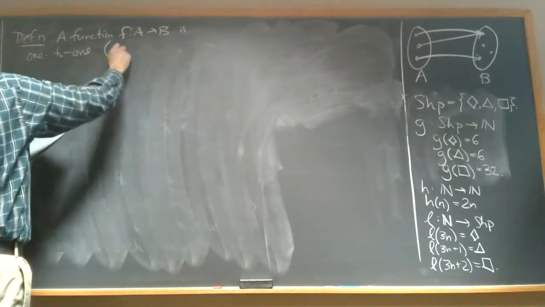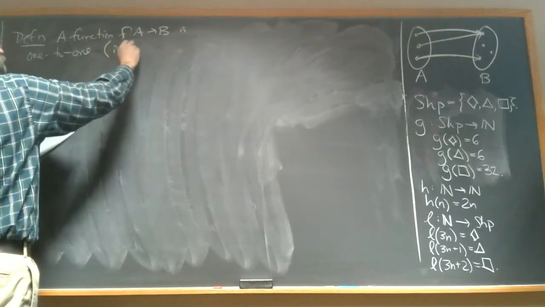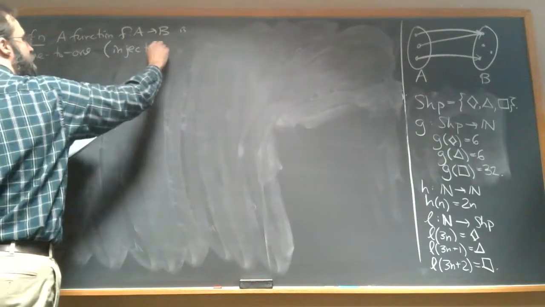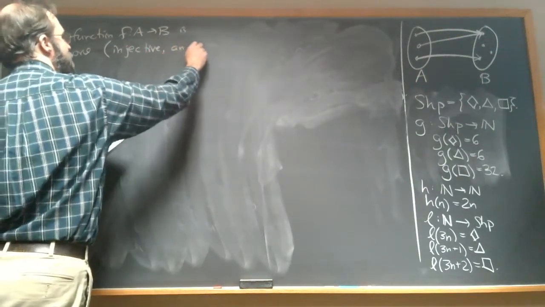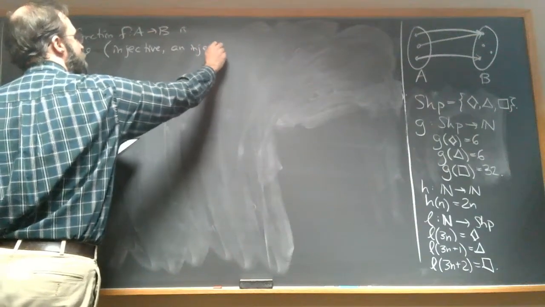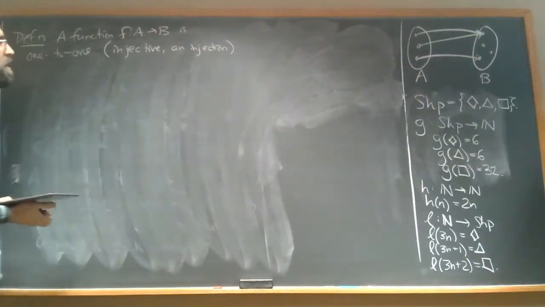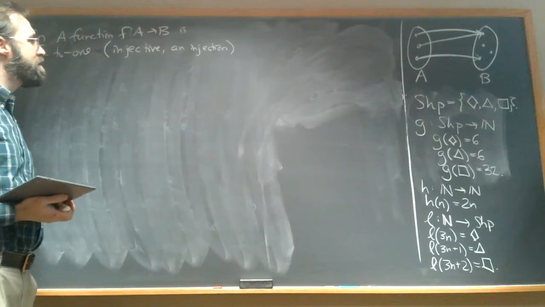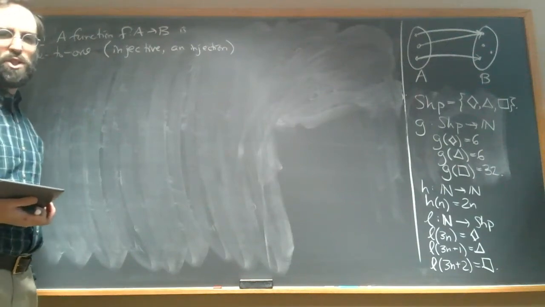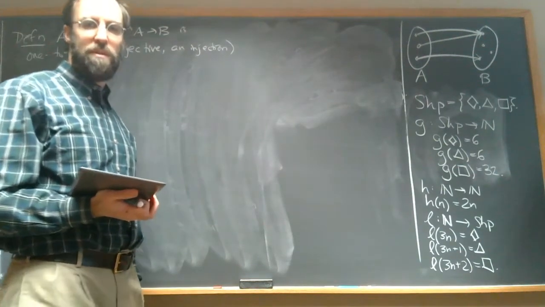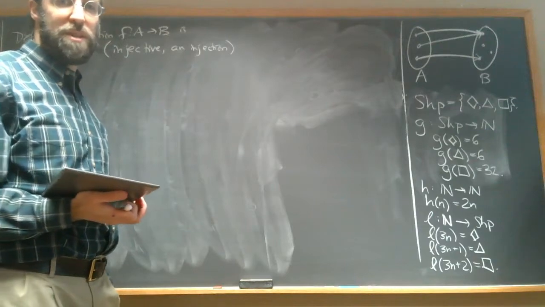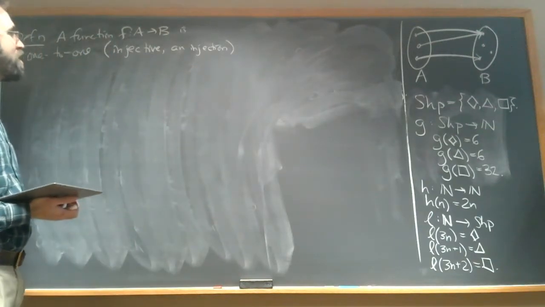We also call it injective, or an injection is the noun form. I think your book, at least the edition that I looked at, said "injunction," but I think that's just a typo. No one ever calls these injunctions. That doesn't make sense. But you do call them injections.